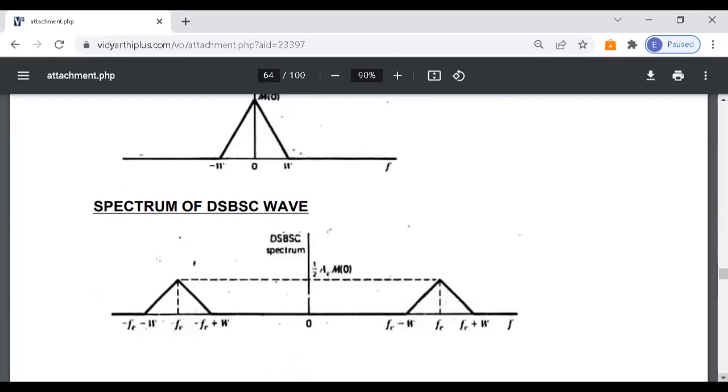Right? So this is your double sideband modulation. In other words, you're transmitting the same signal in two bands.